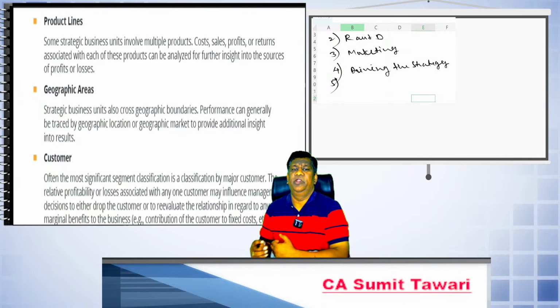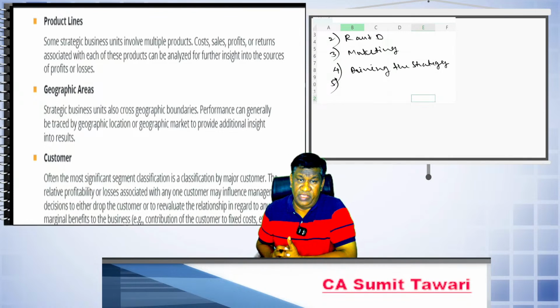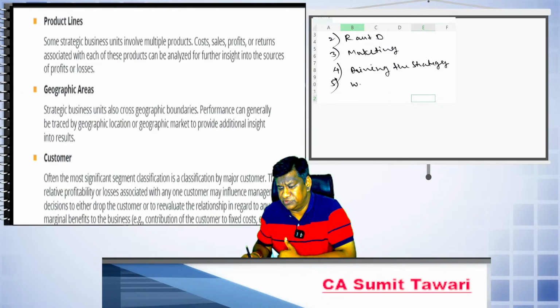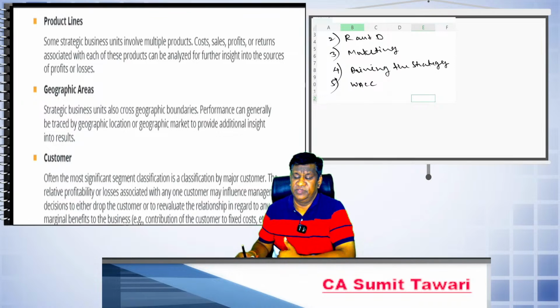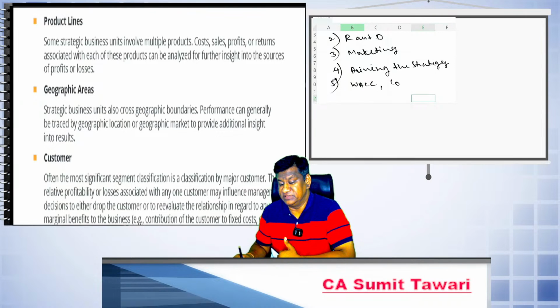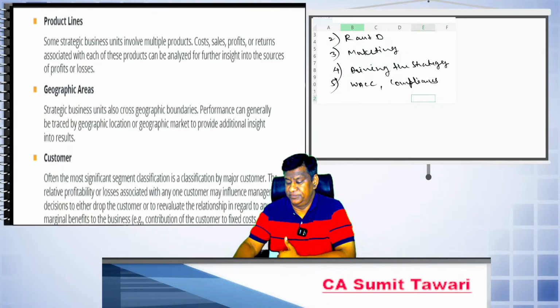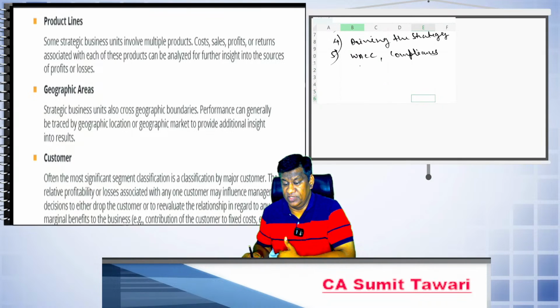If you are appointed as a CFO in any organization, your first target is basically how you can reduce the weighted average cost of capital, compliances, and return on investment or return on asset.